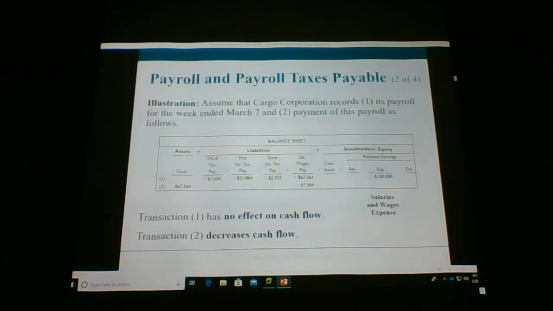So we have here an example, and I know you guys probably don't like the way this is lined out, but I'm going to help you out here a little bit. It looks like we had gross pay, whether these are salaries or wages is irrelevant, of $100,000, okay?